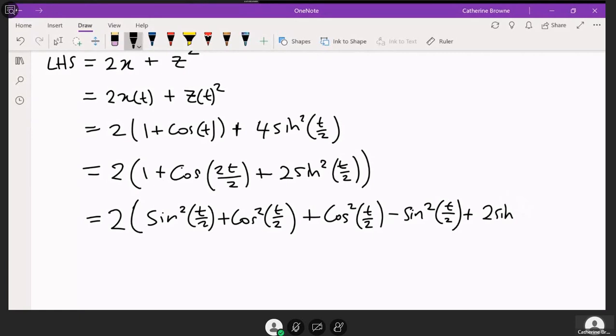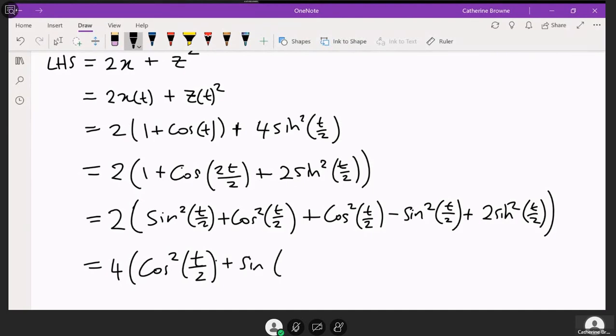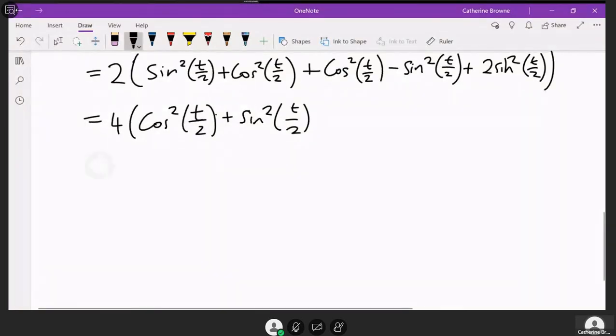And then we've still got the plus 2 sine squared t on 2. And if you just simplify this, you eventually get to 4, which is the right-hand side.